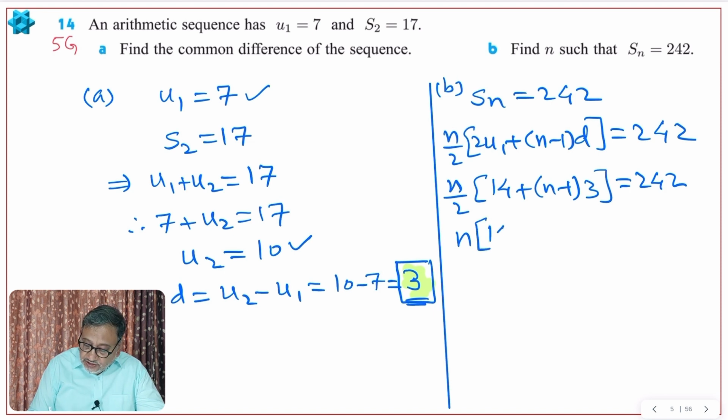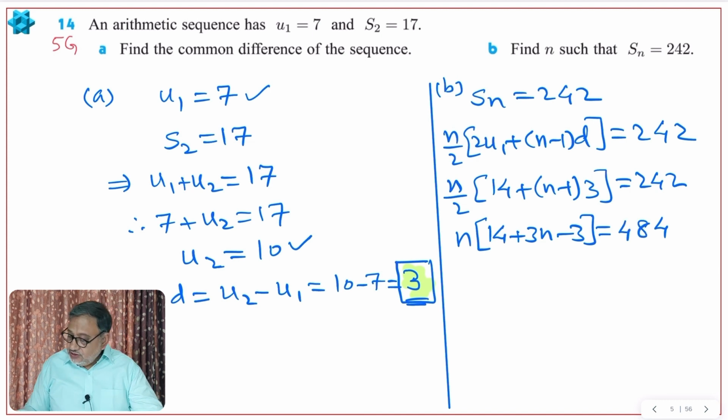So 14 plus 3n minus 3 is equal to 2 times 242, which is 484. Now we can put this in NSolve and get the value of n. N we cannot put, x we have to write.